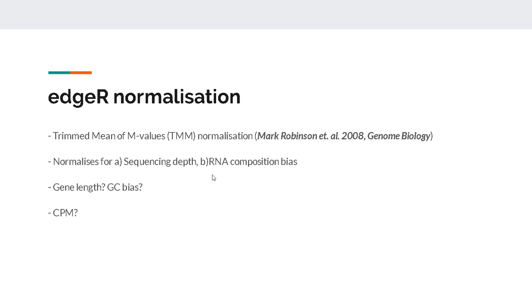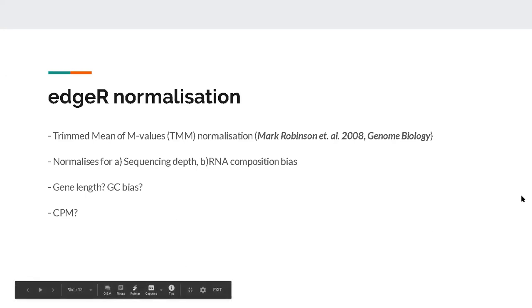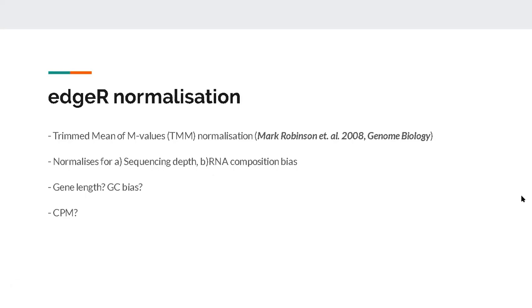Has anybody done a qRT-PCR? No. Okay. Then I will try to explain that along the way when I explain the whole normalization process. So don't need to worry about that.